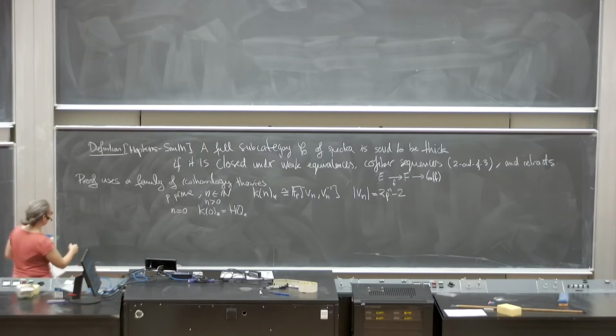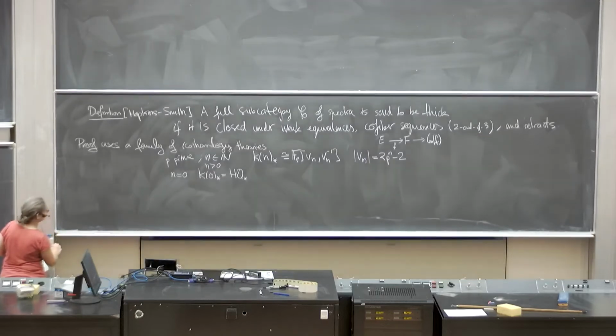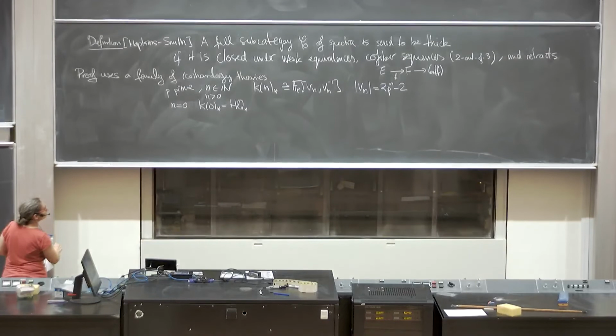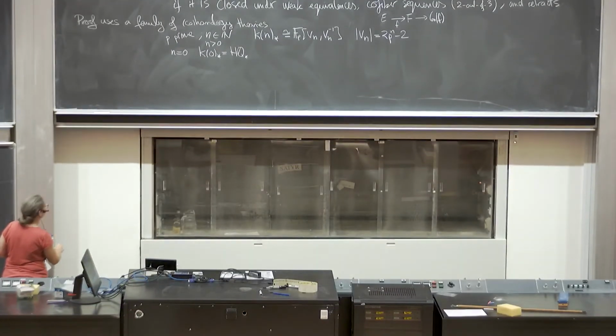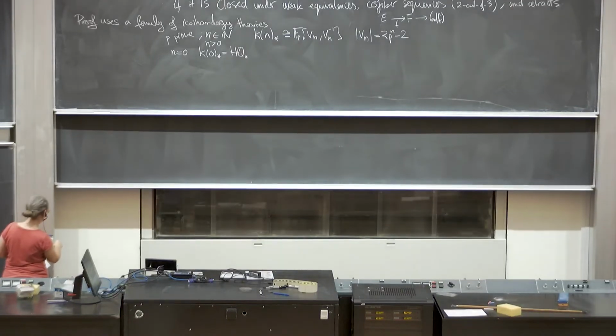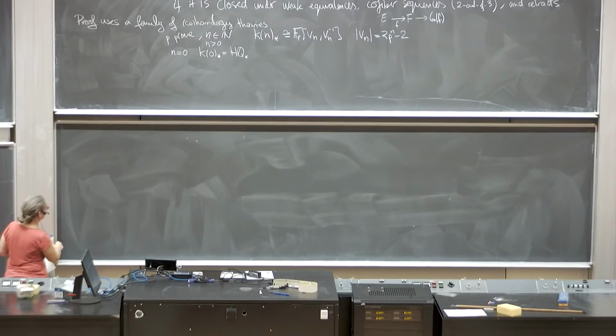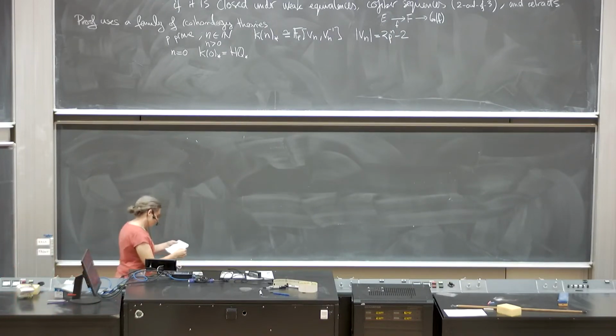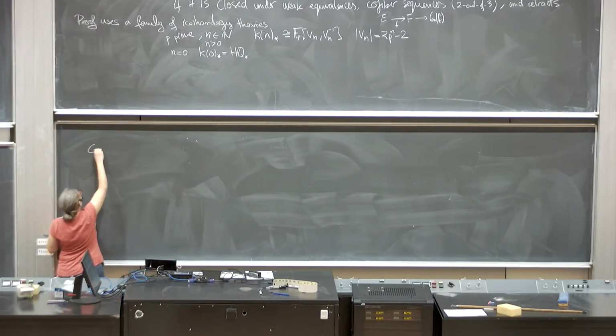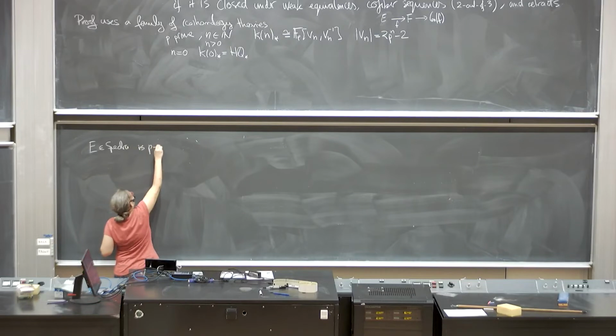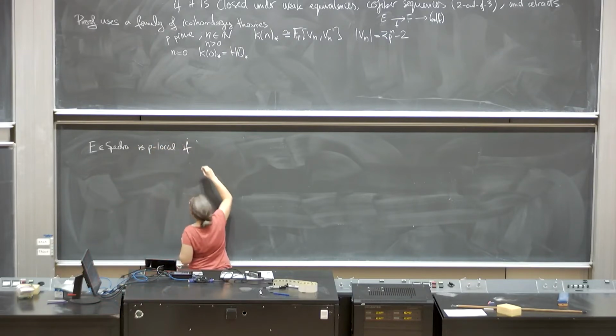Okay, so given, well, first, we say that a spectrum E is p-local if the homotopy groups are going to be the stable homotopy groups.